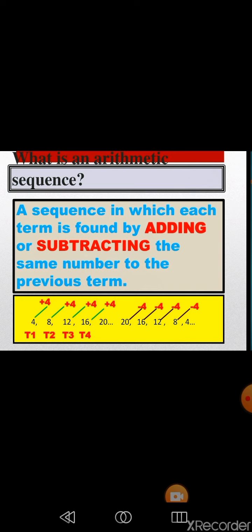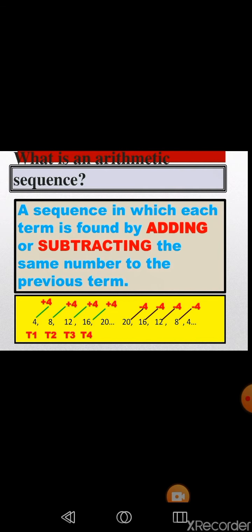And so on. What about 20, 16, 12, 8, 4? Here we subtract. 20 minus 4, 16. 16 minus 4, 12. Do you notice here? Arithmetic is adding or subtracting. It's different from geometric. In geometric, the last session we spoke about how we multiply by the ratio.